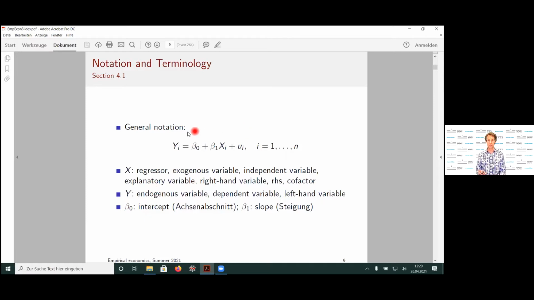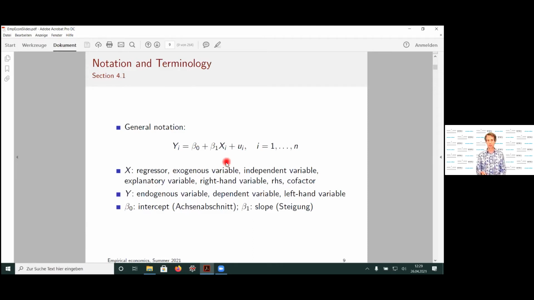We have a linear relationship between a variable y on the left-hand side, then we have the intercept coefficient and the slope coefficient, beta naught and beta 1. We have a right-hand side variable x and some term ui, and I will now go through all these ingredients of the linear regression notation.